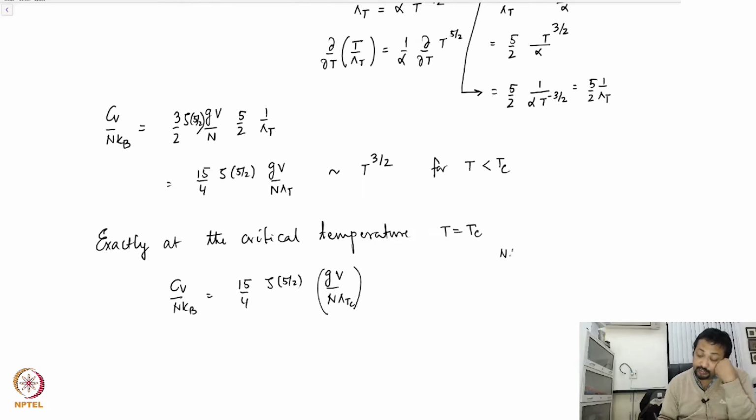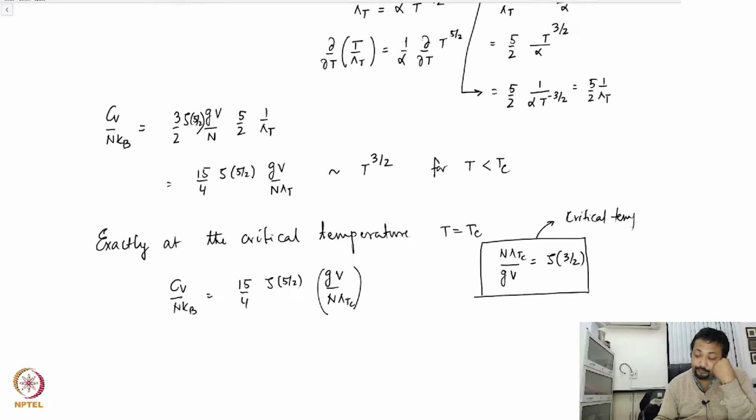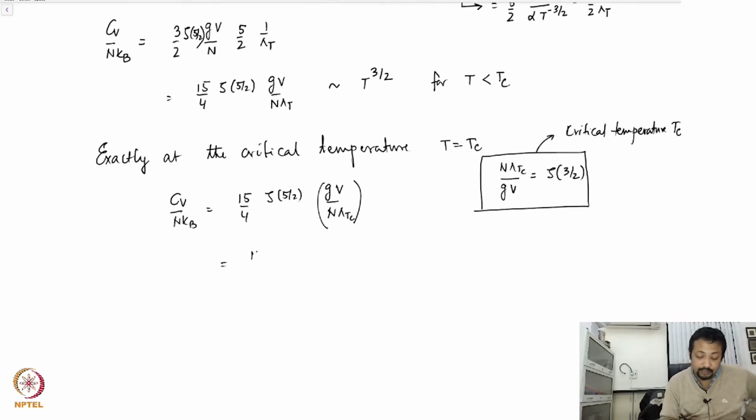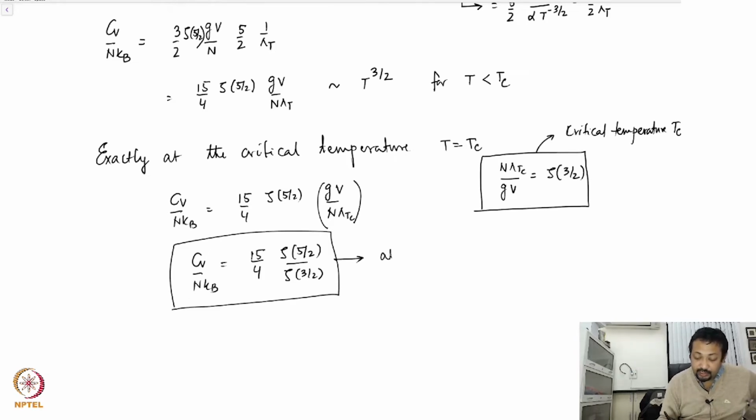But I know that N lambda Tc over gV is equal to zeta of 3/2, because this is the criterion for obtaining the critical temperature Tc. So I will replace this then as 15/4 zeta 5/2 divided by zeta of 3/2 as Cv over NkB, and this is the value that you get at T equal to Tc.